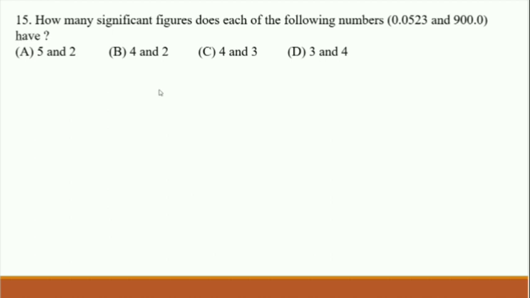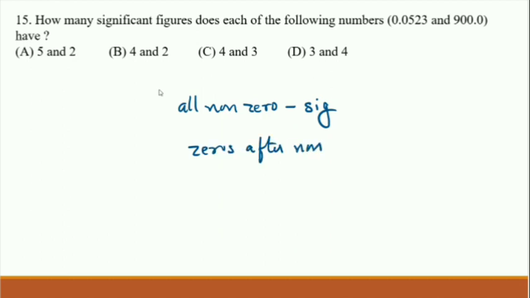All non-zero numbers are significant. Zeros after a non-zero number in a decimal are significant.